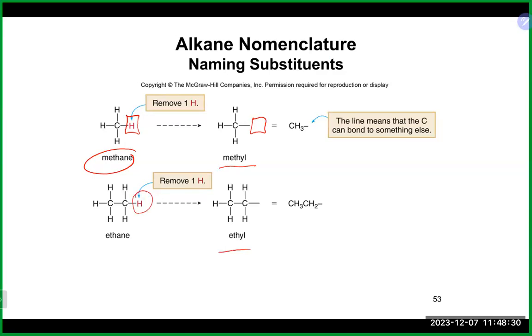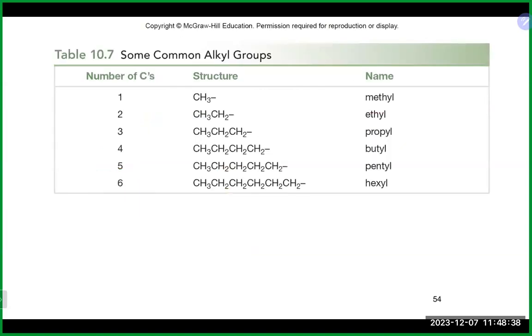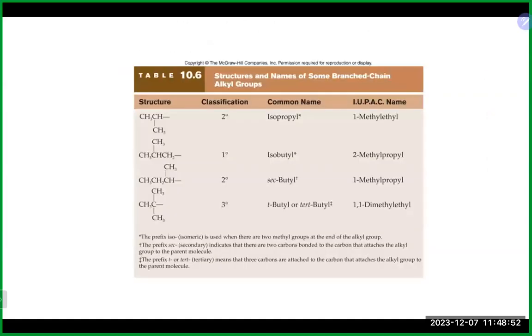If we take off any of those hydrogens, by the way, you can take off any of those hydrogens, they're all equivalent hydrogens, and you will have an ethyl group. So here's some of those kind of normal alkyl groups: methyl, ethyl, propyl, butyl, pentyl, hexyl. They're all pretty much the exact same thing as the alkanes, less 1 hydrogen in each of them.